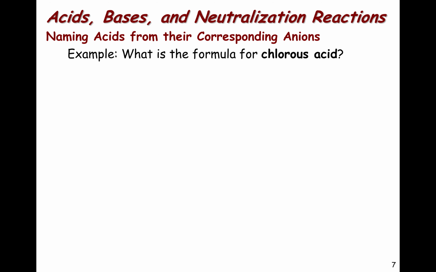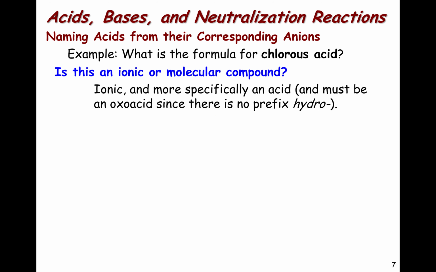As another example, if we ask what's the formula of chlorous acid, we have to first ask ourselves, is this an ionic or molecular compound? Well, since we've named it as an acid, it's going to be an aqueous solution, and it's going to be an ionic compound. In this particular case, it's going to have the suffix of "ous."